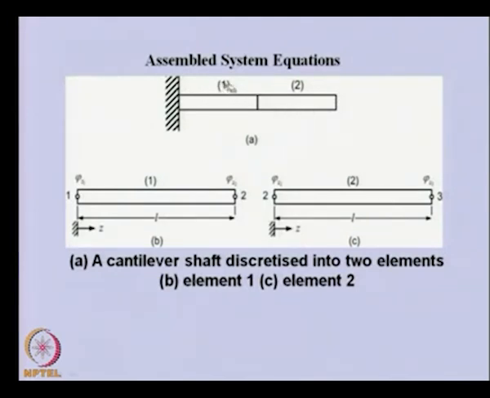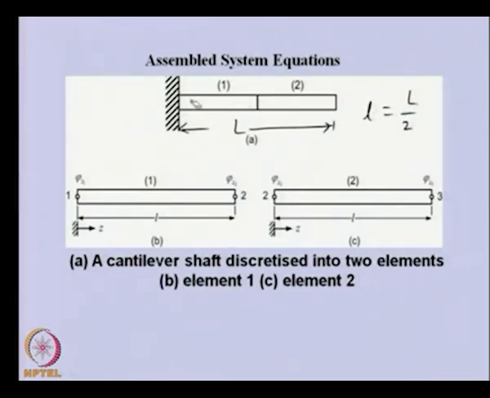This is the first element and this is the second element. Both the elements are the same size. If the total length is L, the element size for each of these elements would be L by 2, but not necessarily should we always take the same length. In this particular case we have taken two elements of the same length.